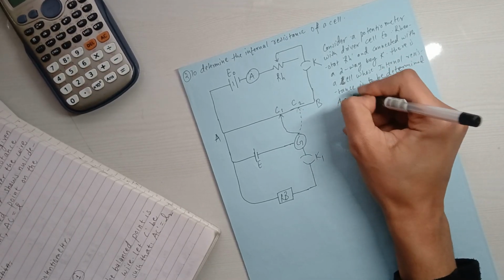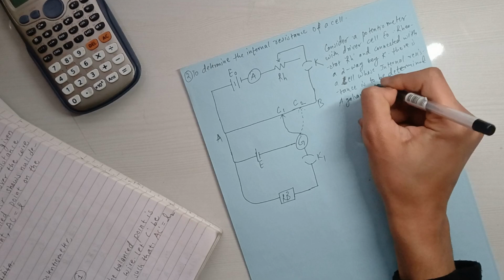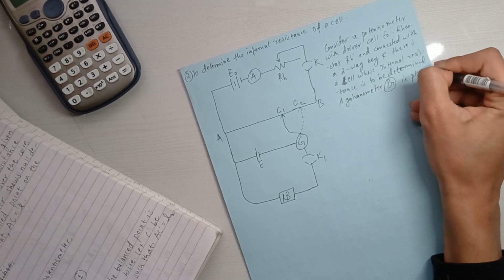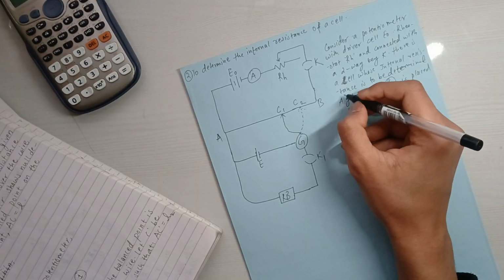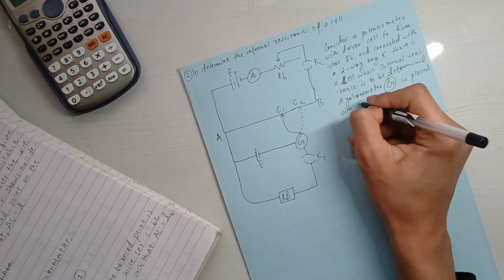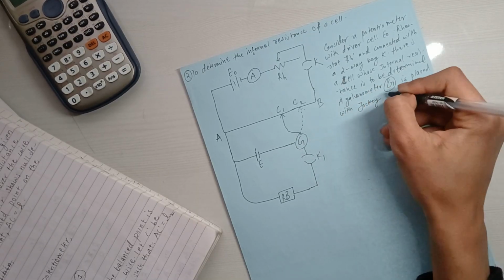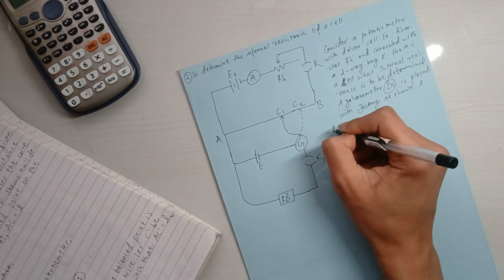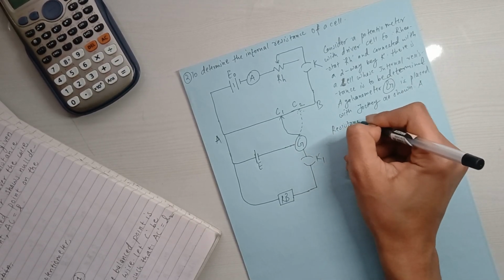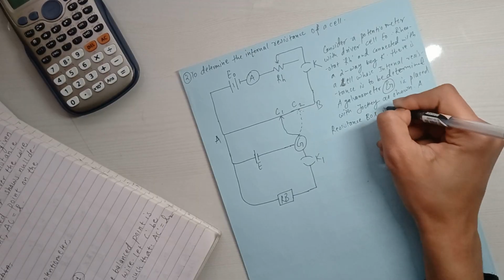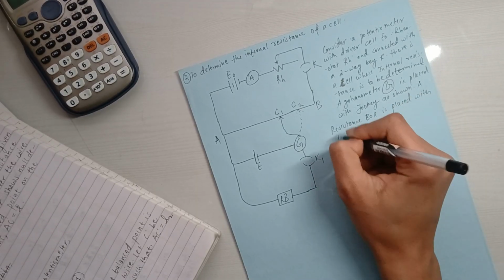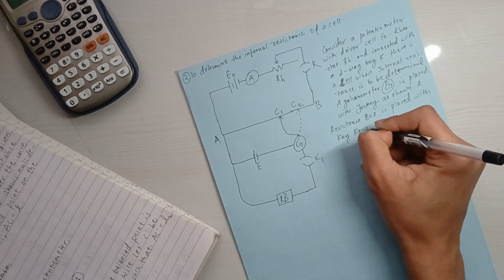A galvanometer G is placed with jockey as shown. A resistance box with key K1 opened.